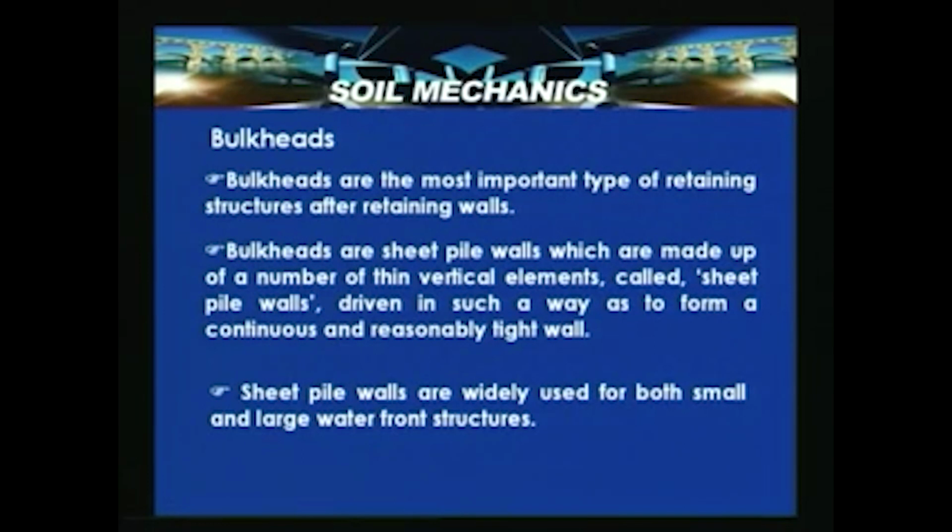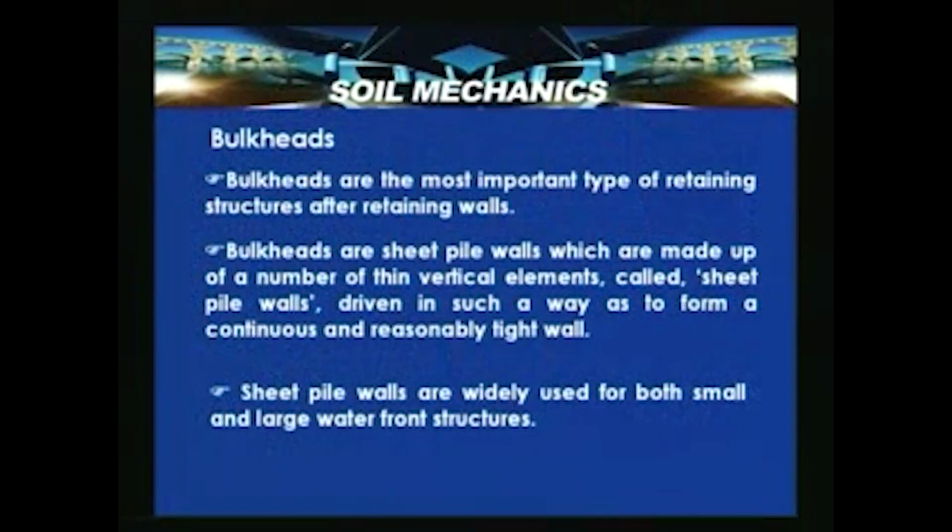So the wall is very thin, and there is a range of section moduli possible. A typical section can be selected based on the section modulus required for a case. There are also walls like diaphragm walls, which can be constructed by digging a trench, placing reinforcement and introducing concrete.